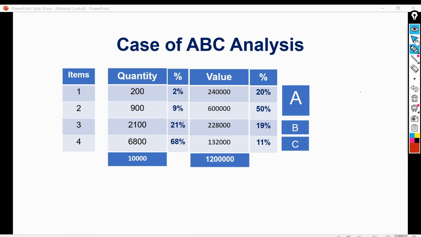Reduced losses arising out of obsolescence and theft, because we follow strict control in the case of A. And sufficient safety stock for low value items.